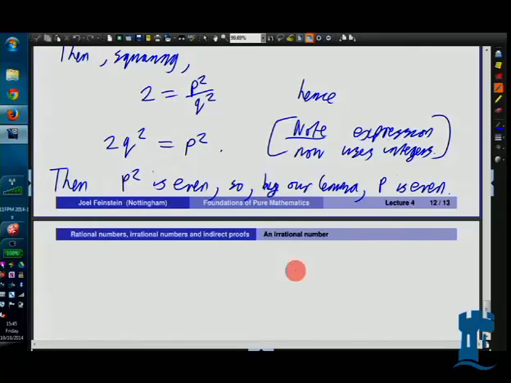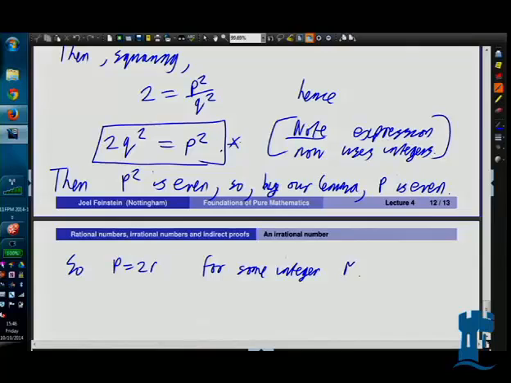Okay, now, p is equal to 2r for some integer r. That's what even means. Maybe we used k before, but it's r now. Doesn't matter. Let's go back and use star again.